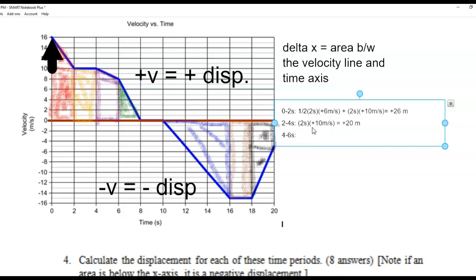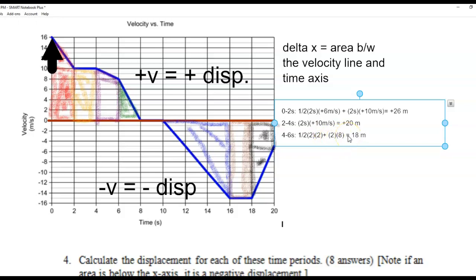You got a couple regions again, so you get a triangle, so it's 1/2. The 2 seconds is the base, and it's a 2 meter per second high triangle there, and then plus the 2 by 8 rectangle. So half of 2 is 1, so it's going to be 2 plus 16, so that's 18 meters.